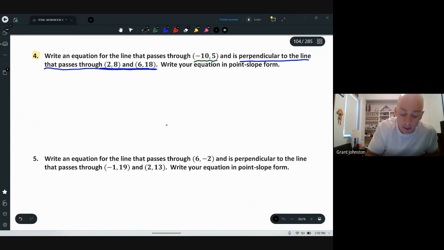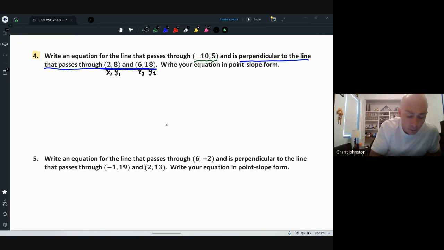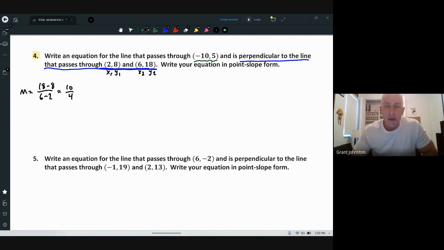So I'm going to use that slope formula for that. So the slope, we got y2 minus y1 would be 18 minus 8 over 6 minus 2, which is 10 over 4. And 10 over 4, that would be 2.5, but we'll keep it as a fraction, which is very important for these sort of questions because we need to do that negative reciprocal.